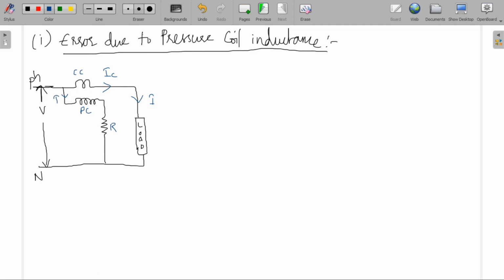Let IP be the current flowing to this pressure coil. Now let me draw the pressure coil circuit. You're going to have a pressure coil circuit like this.